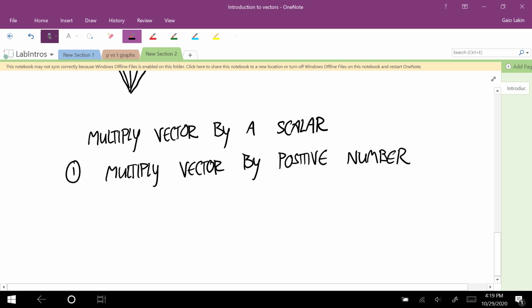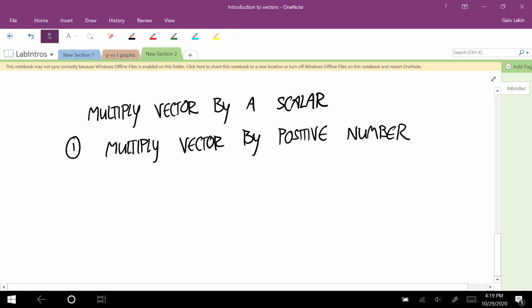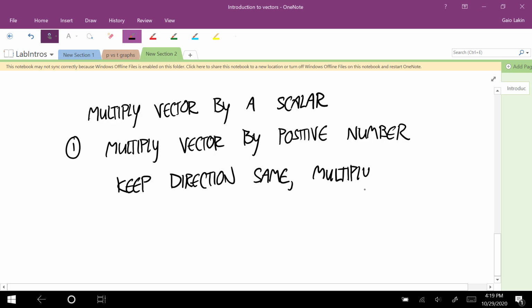And what that means is you keep the direction of the vector the same, and multiply the magnitude of the vector, the length of the vector, by that positive number.